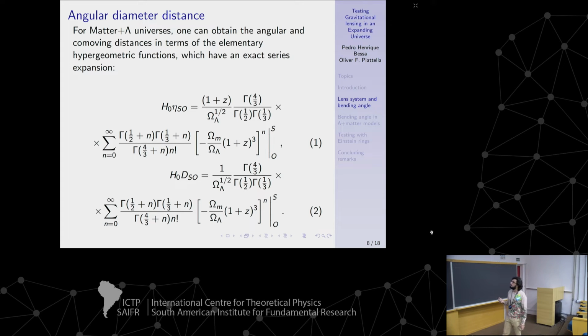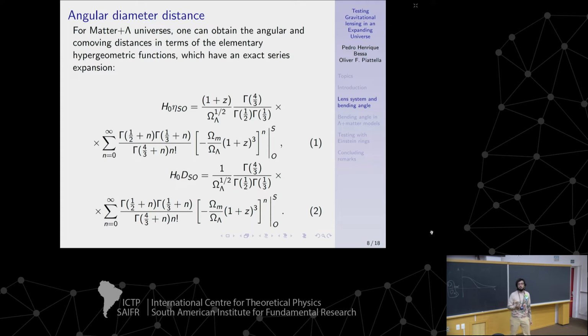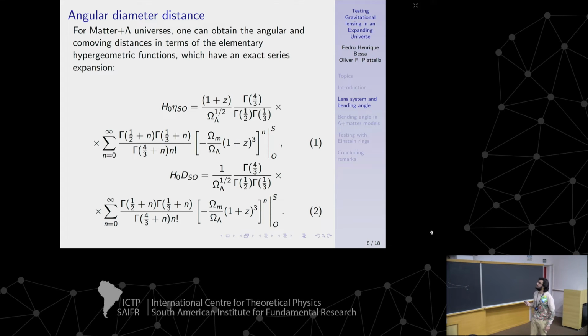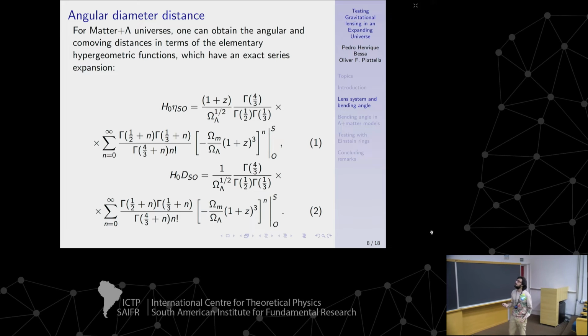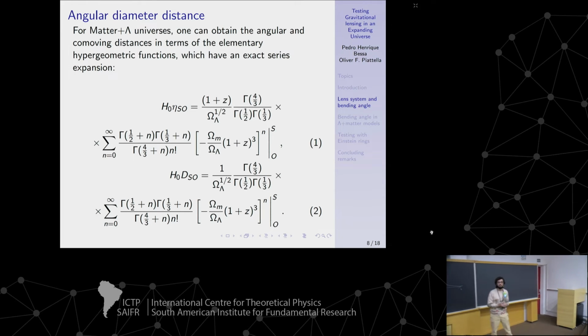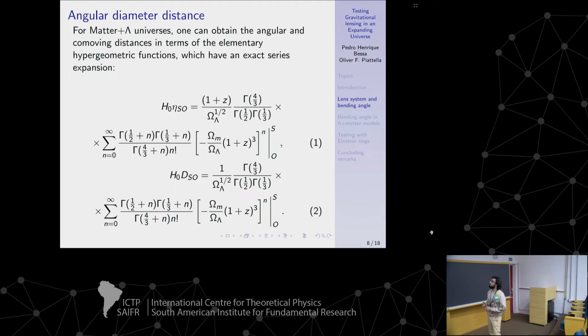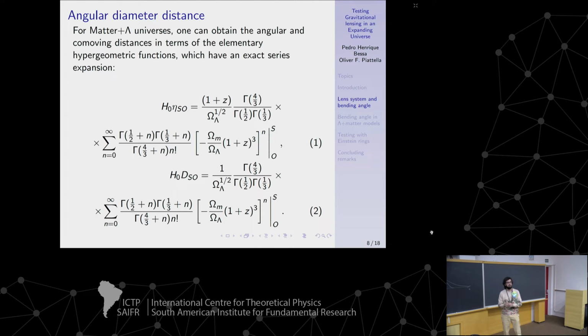Actually, this is just a series expansion of the hypergeometric function, which is not pretty, but it is analytic. I'm not doing any approximations here. So we can truncate it, and since it's convergent, it's perfectly analytic. I can go to an arbitrary order, and I know that the effects will stay to that order.